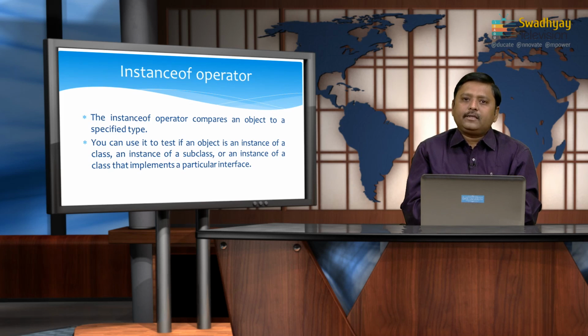So, we will discuss the instanceof operator when we learn inheritance later on, but right now we can remember that the instanceof operator is used to check whether a particular object is of a given type or not.